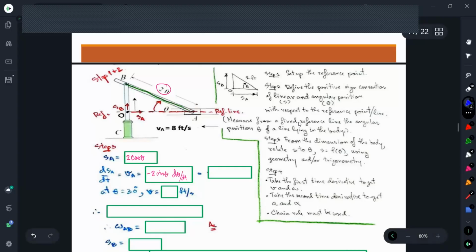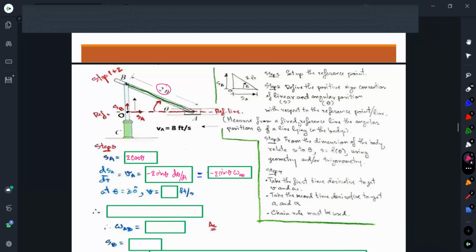That is equal to minus 2 sine theta times d theta by dt, which is omega, and now it is omega AB.